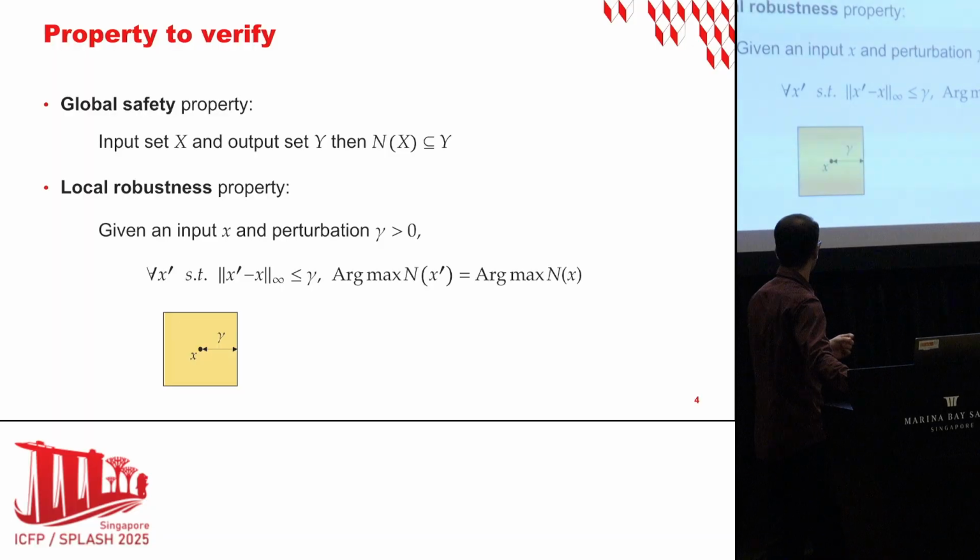It's called the local robustness property. You are given an input and a perturbation gamma, and you want the prediction of the neural network to be the same in the gamma neighborhood of this input. So this is basically what is used for high-dimensional non-structured data, such as images.